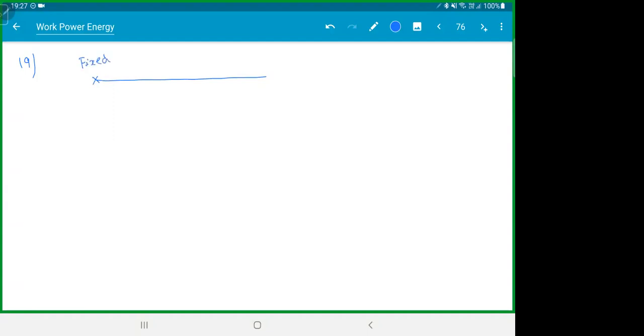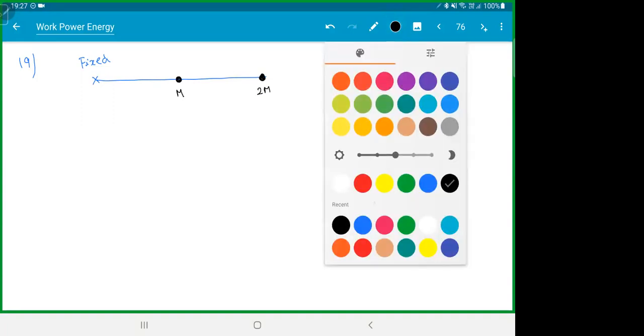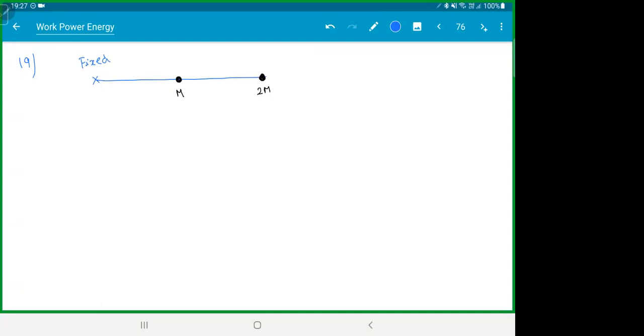This is fixed. We have a light rod here. Mass m, 2m. So it's a light rod with two particles. Think of it like the paneer grill in a barbecue, a rod with two paneer pieces. Able to visualize that way. This is a light rod. So this is length L. This is also length L. Released from the horizontal position.